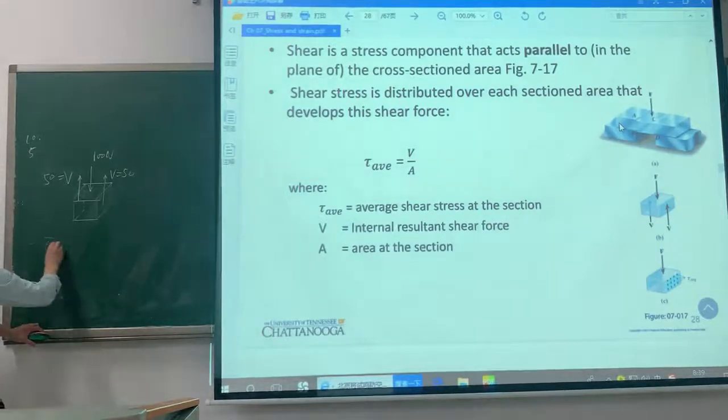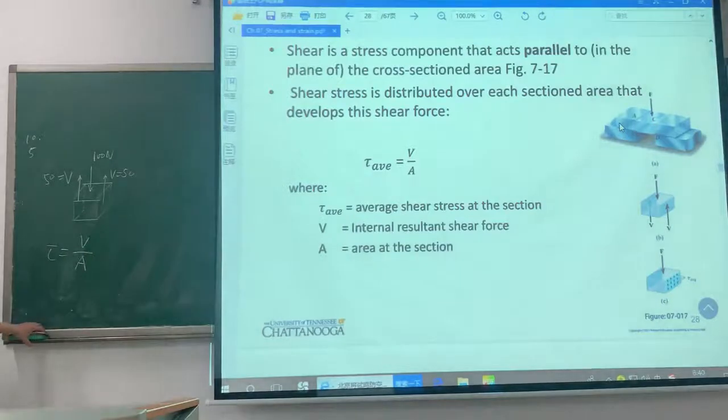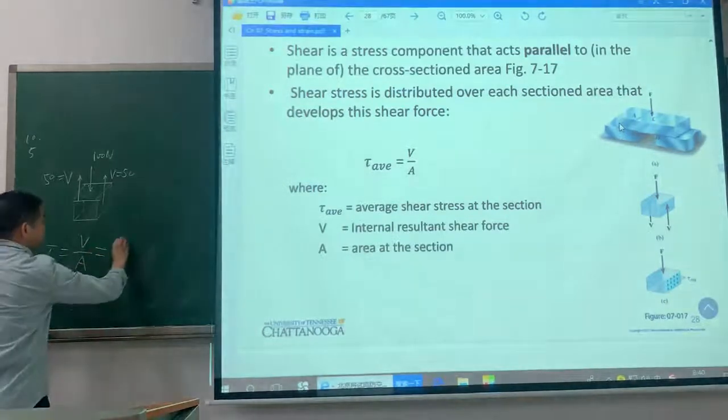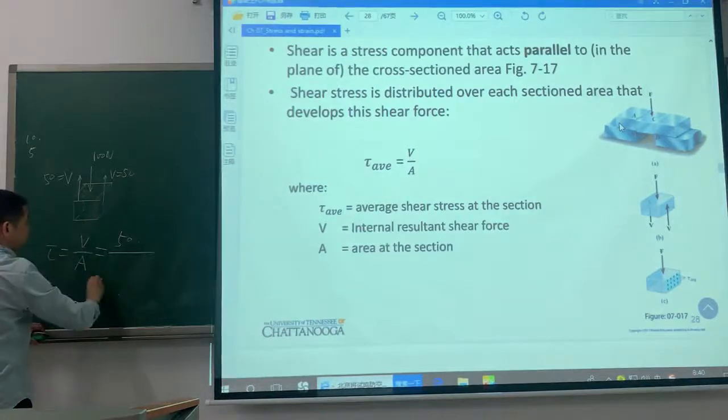We know tau equals V over A. So it's 50 Newton over the area, which is 10.